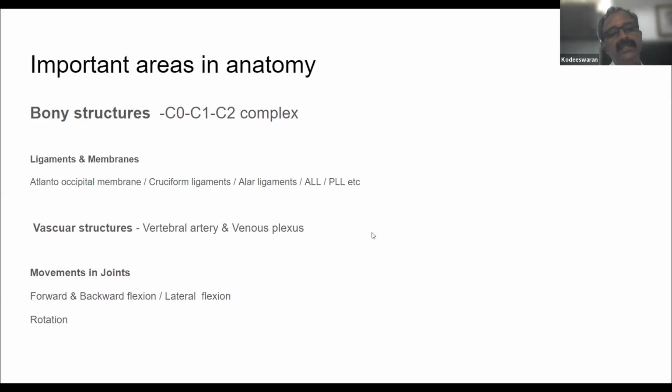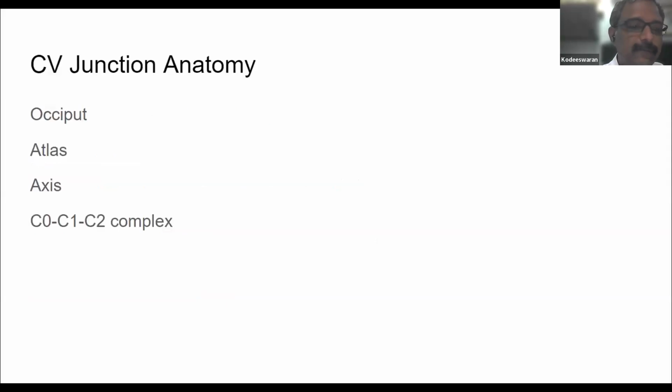The main ligaments are the atlanto-occipital membrane, cruciform ligament, alar ligaments, ALL and PLL. The vascular structures are the vertebral artery and venous plexus. The movements are unique in the occipito-cervical junction: flexion and extension, lateral flexion, and also rotation.